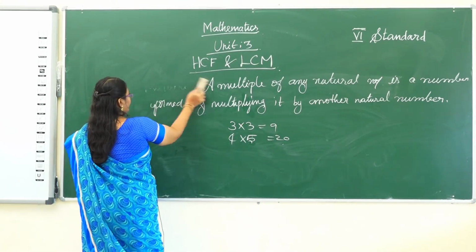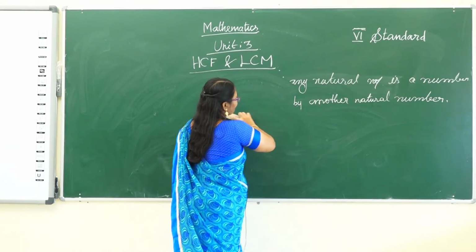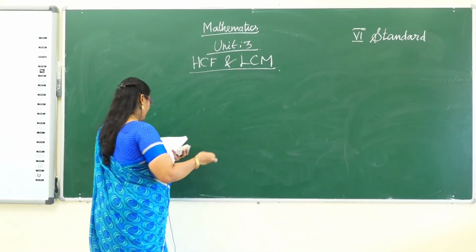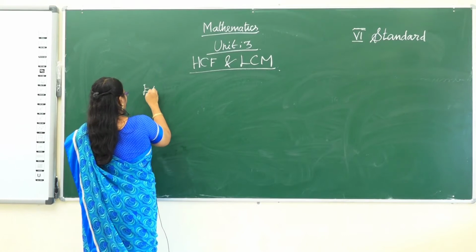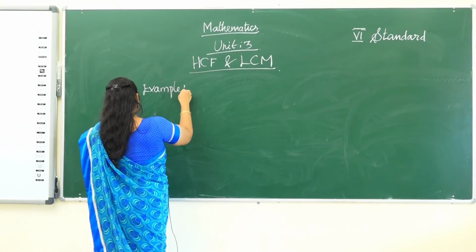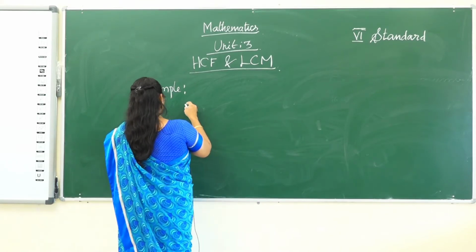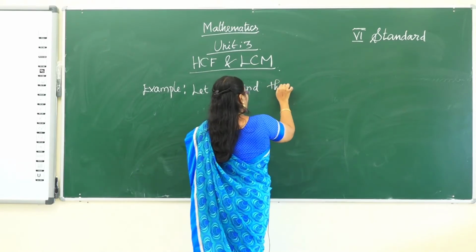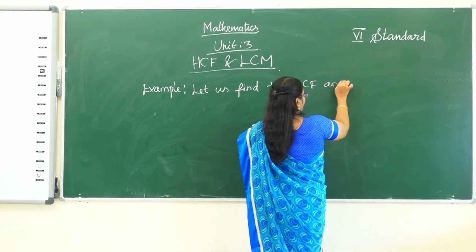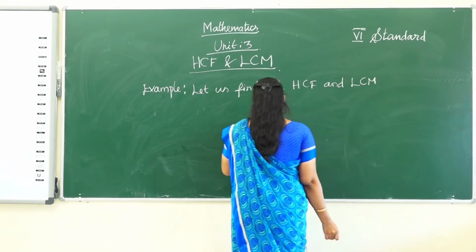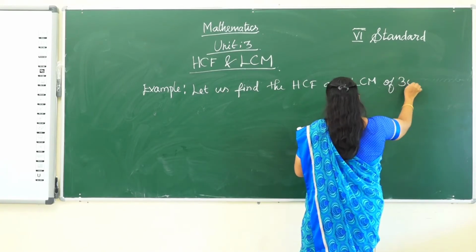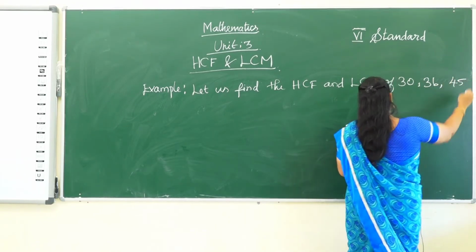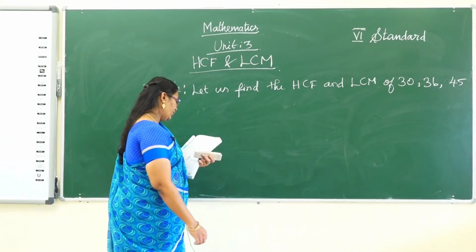Okay, now see HCF. Example, let us find the HCF and LCM of 30, 36 and 45.